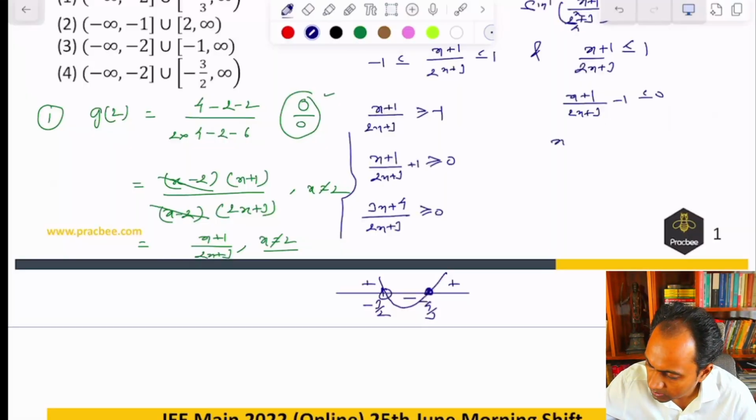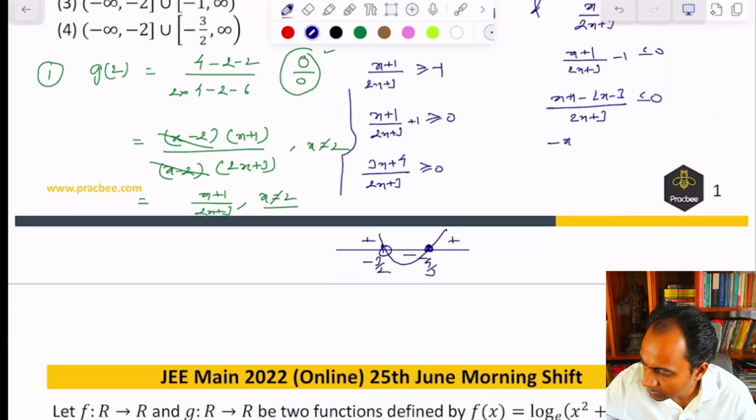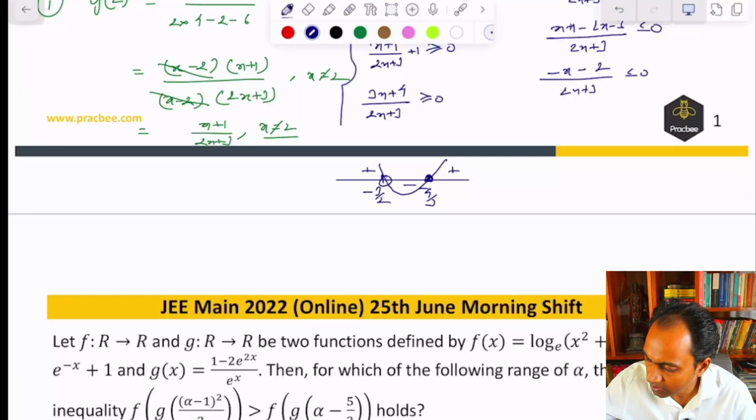So this becomes (x plus 1 minus 2x minus 3) by (2x plus 3) is smaller than or equal to 0. As a result, this becomes (minus x minus 2) by (2x plus 3) is smaller than or equal to 0. And now you can take minus on the other side. So (x plus 2) by (2x plus 3) needs to be greater than or equal to 0.